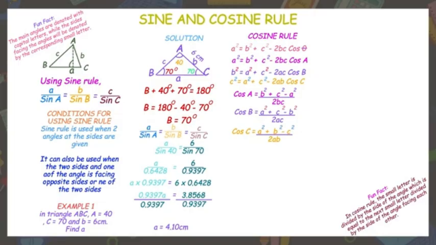So when you are looking for cos A, we have it as B square plus C square minus A square over 2BC. Then cos B is equal to A square plus C square minus B square over 2AC. While cos C is equal to A square plus B square minus C square over 2AB.